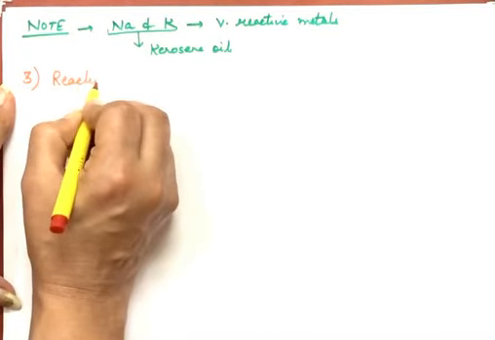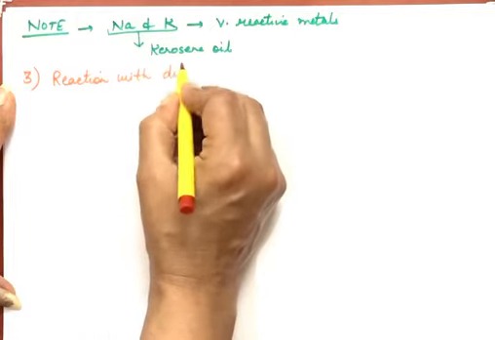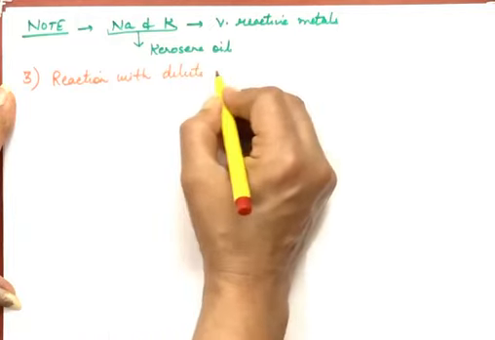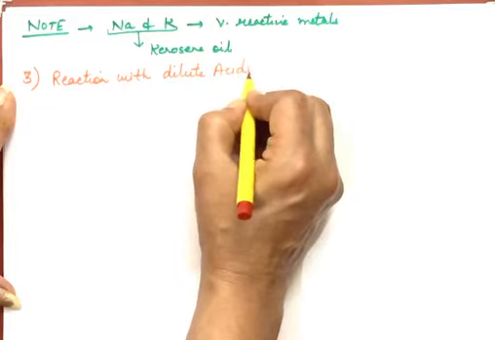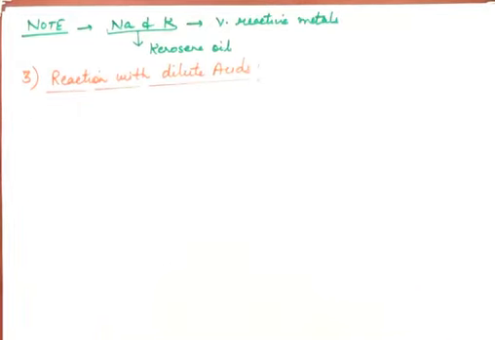Moving on to the third chemical property of metals, that is reaction with dilute acids. I've written the word dilute acid, not concentrated, dilute acid.